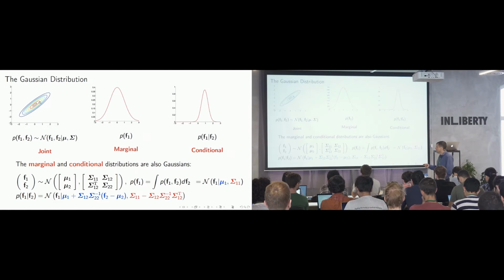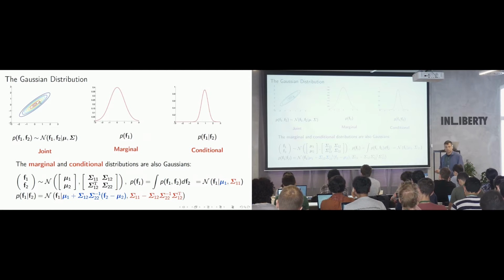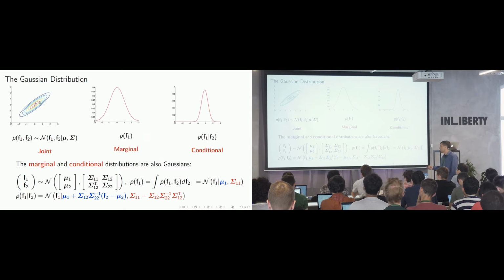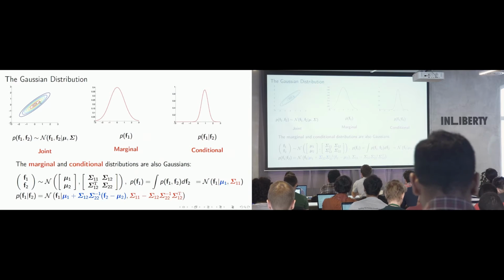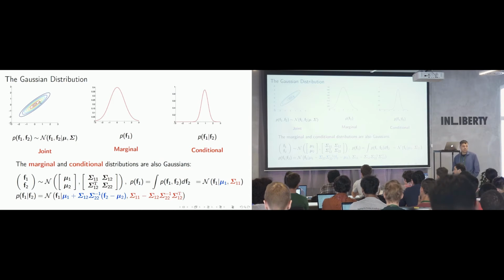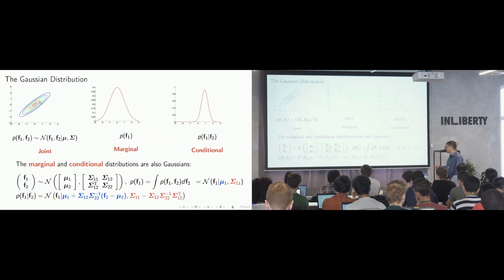And so it can be proved very easily that the conditional distribution of the first subvector given the value of the second subvector is Gaussian, and we can explicitly find the conditional mean, the conditional expectation, and the conditional covariance matrix.